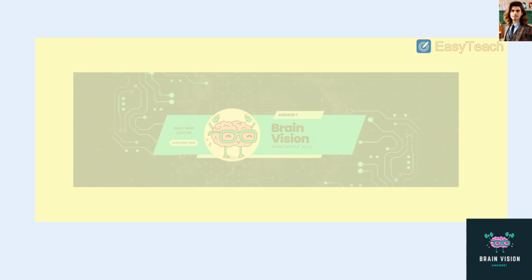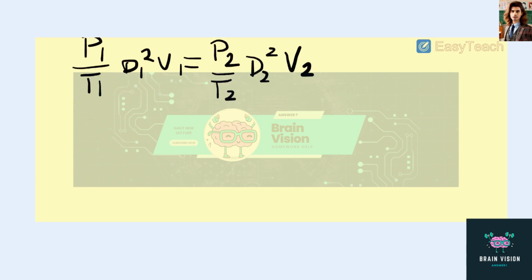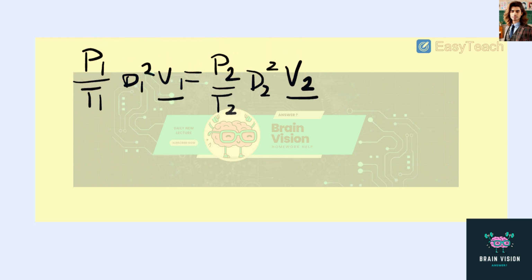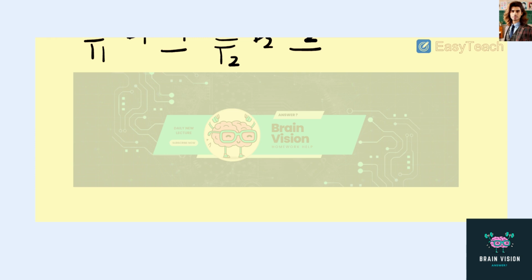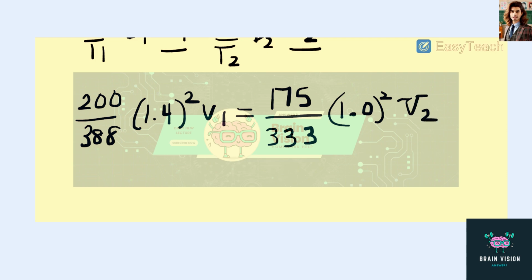Remember, our mass balance equation is P1 over T1 D1 squared V1 is equal to P2 over T2 D2 squared V2. So we actually have all these quantities except for V1 and V2. And when I plug this in, this looks like 200 over 388 times 1.4 squared V1 is equal to 175 over 333 times 1.0 squared times V2. So this is equation 1.